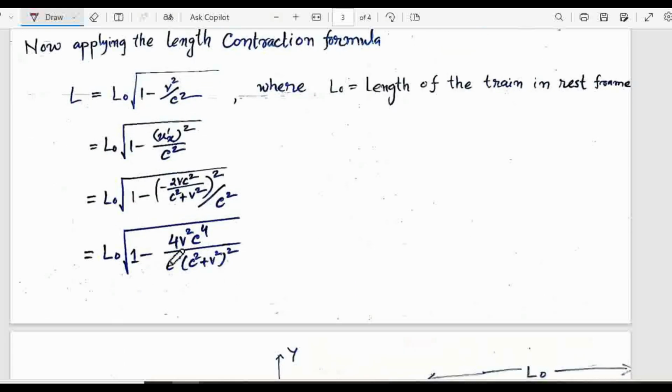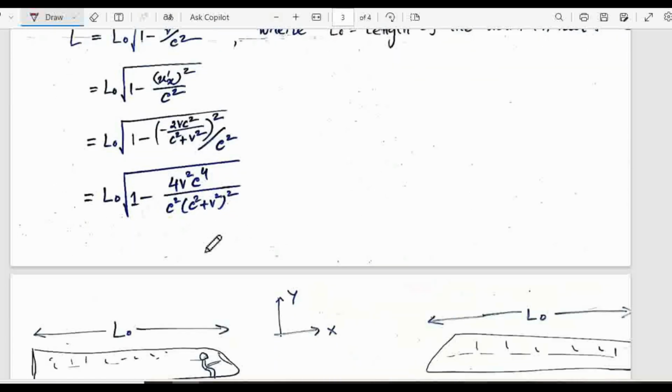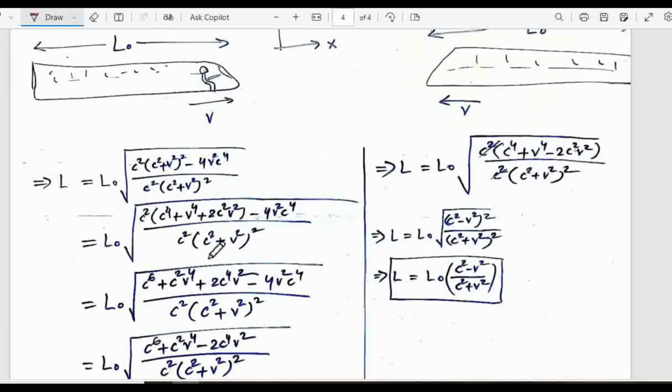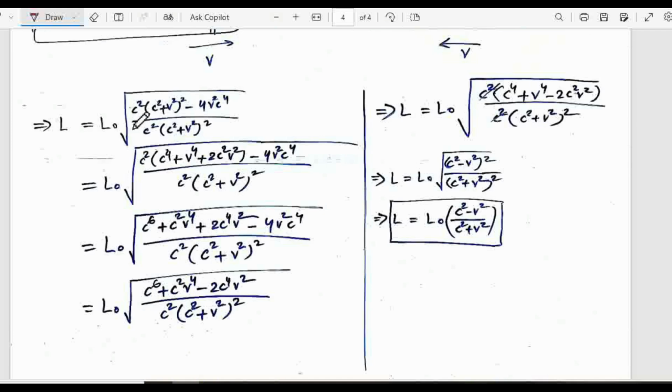I am not explaining all these steps, you just see how it is done. You see c square, then I have applied the formula of a plus b whole square, so it's a square plus b square plus 2ab, and it's just algebraic addition and subtraction. You do it, it is simple.